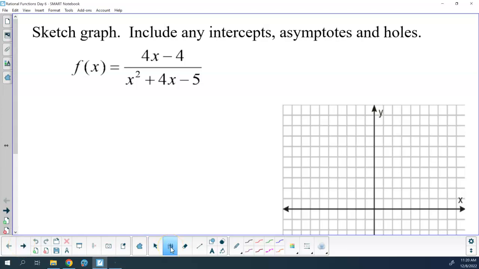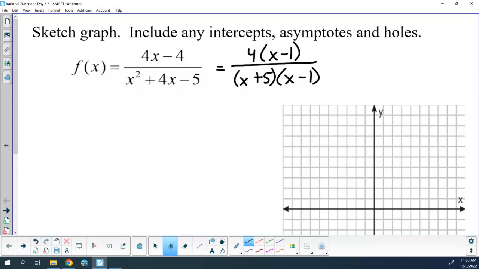And we're back. All right. So on top, I would factor out a 4. That would leave me with x minus 1. On the bottom, I would look for 2 numbers that multiply together to be -5 and add to be +4. So I would choose +5 and -1.